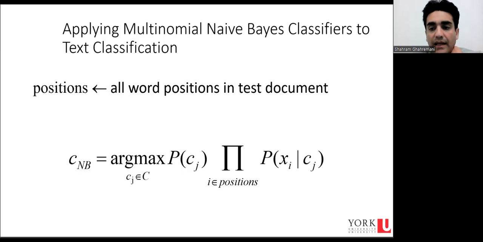Then for each class, we walk through every position in the text, look at the word in that position, and ask what's its probability given the class I'm looking at.